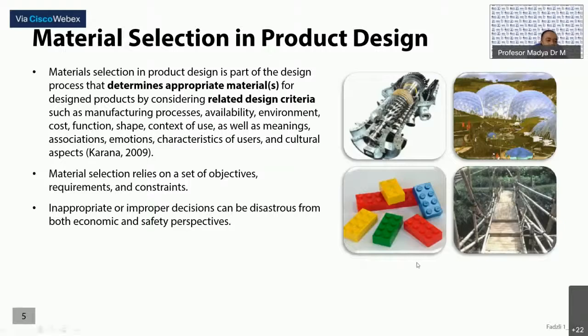And then the material selection relies on a set of objective, requirement and other constraint. Maksudnya material selection tadi terbahagi kepada tiga komponen utama. We want to know what is the objective of your product. Macam tadi, mungkin you nak buat produk kuat tetapi ringan.